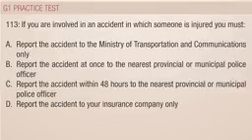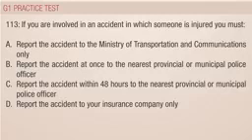Question 113. If you are involved in an accident in which someone is injured, you must: A. Report the accident to the Ministry of Transportation and Communications only. B. Report the accident at once to the nearest provincial or municipal police officer.